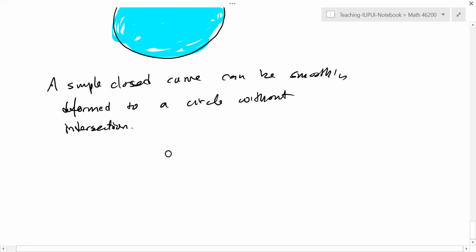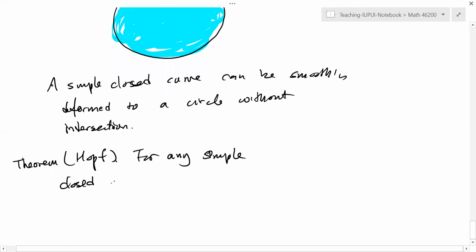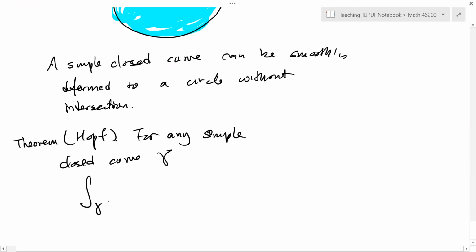Now I'm going to explain to you the Hopf theorem. We have the theorem by Hopf: for any simple closed curve gamma, the integral over gamma of the signed curvature ds is always equal to plus or minus 2 pi.